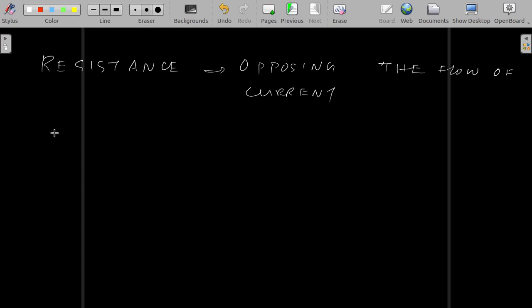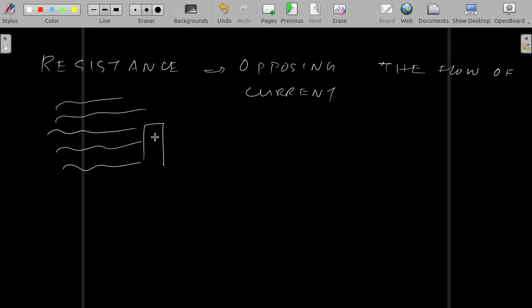Suppose some water is flowing and you build a wall; that means it is offering some resistance to the flow. If series resistance is like building another wall over the previous one, the resistance to the flow of the water is increasing. A simple analogy, do not take it literally.